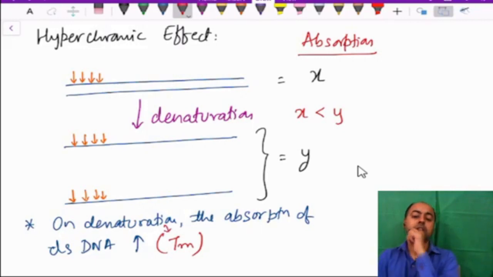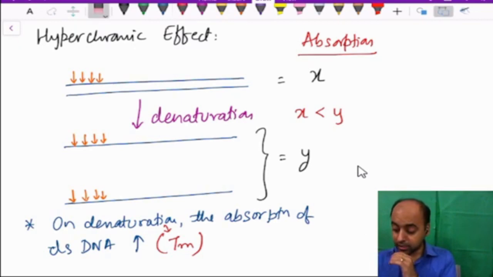The denaturation typically occurs at the melting temperature, and the absorption of double stranded DNA at this melting temperature will increase.